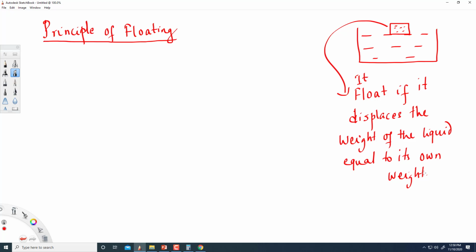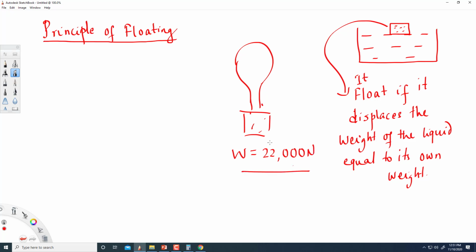If you want to float on water, then you need to displace the weight of water equal to your body weight. If you can do that, then you will float. If you cannot displace the weight of water equal to your own weight, then you will sink. So to float the balloon, which has the weight including all the load of 22,000 Newton, it needs to displace.